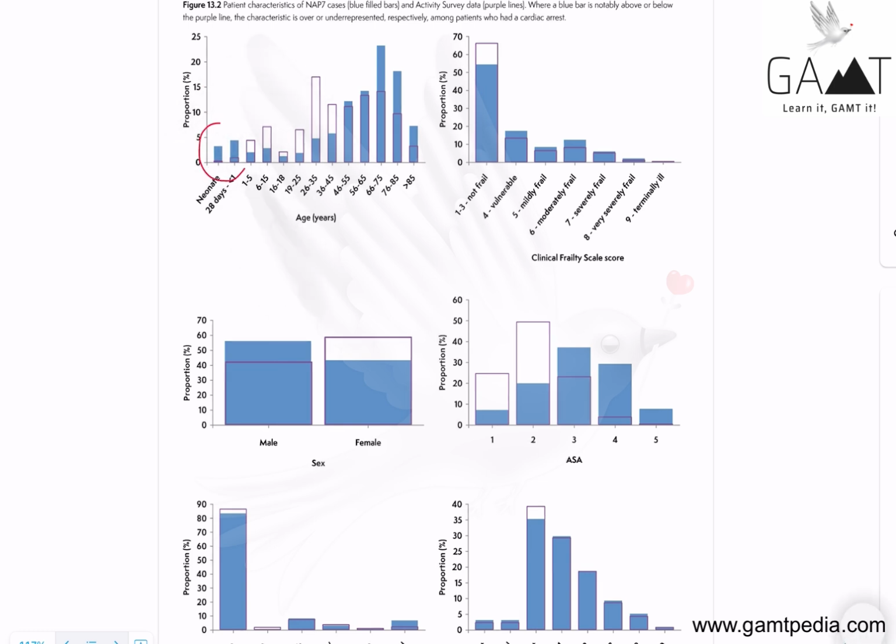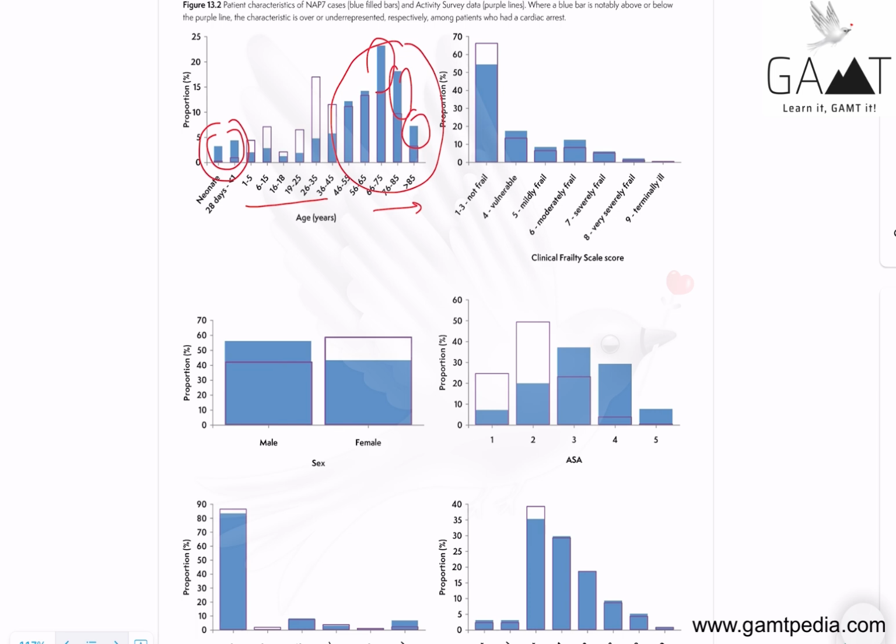In neonates and the elderly population, the incidence of cardiac arrest is much higher than in the other age groups, which again is kind of expected. It's significant to see that once they cross 65, the incidence of cardiac arrest increases massively. Same thing with neonates and infants.